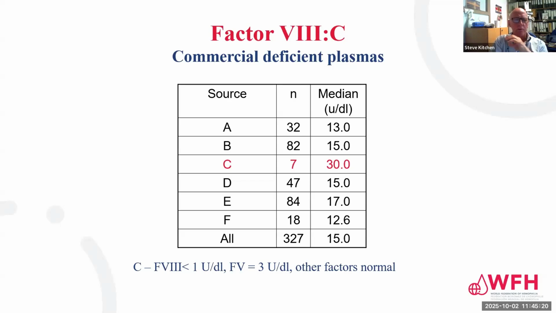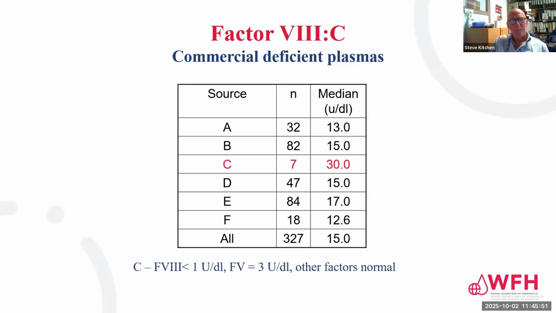If you look at source C, A, B, C, D, E, and F are different commercial sources. Those using commercial company C, only 7 centers, but their results for factor VIII were about twice as high as all the others, suggesting a problem with the reagent. And when we investigated that in more detail, it became clear that particular manufacturer was providing a deficient plasma that was indeed fully deficient in factor VIII, less than 1 IU per deciliter.